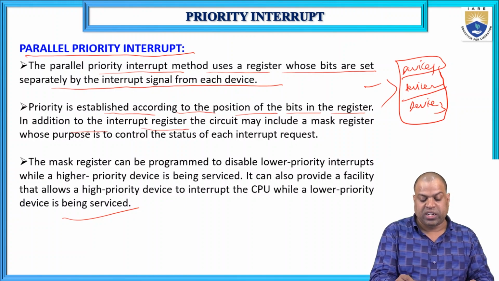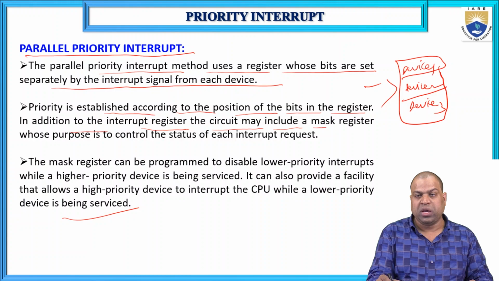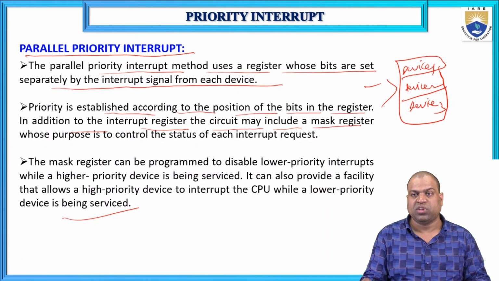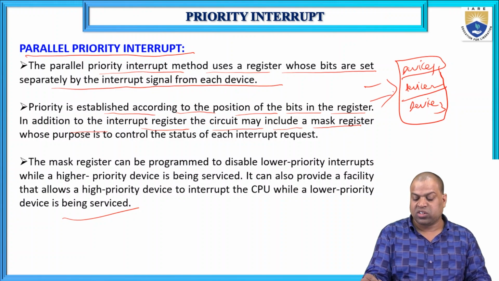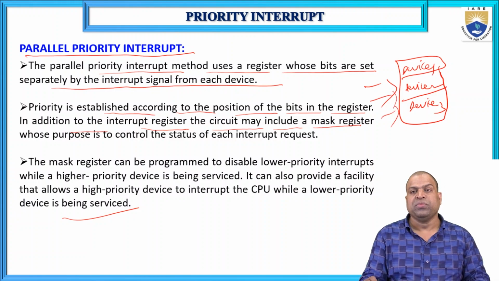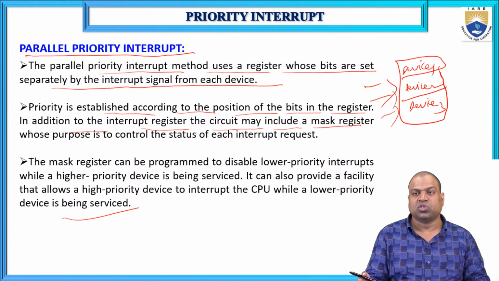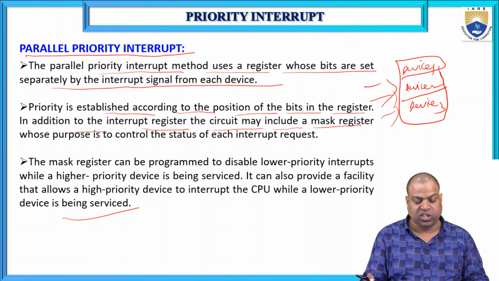In addition to the interrupt register, the circuit may include a mask register whose purpose is to control the status of each interrupt request. So there are so many requests coming to the CPU. We have to control which device has the priority, and the mask should manage or control the status of each interrupt request.